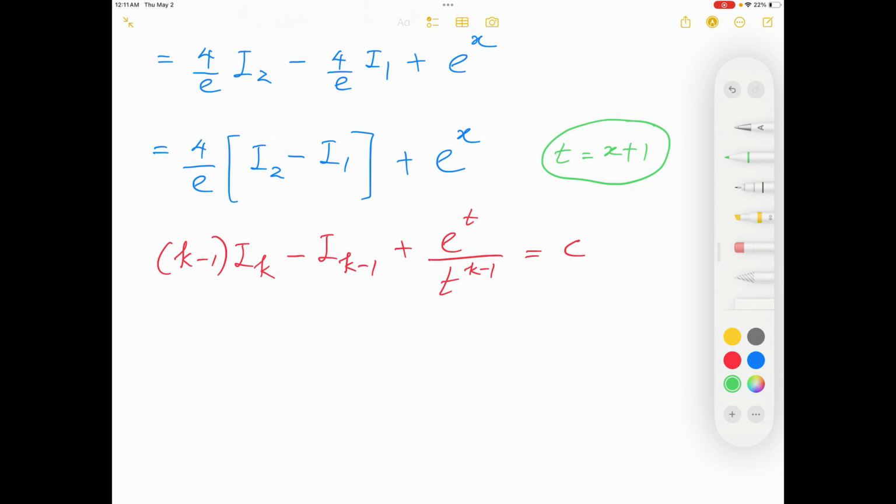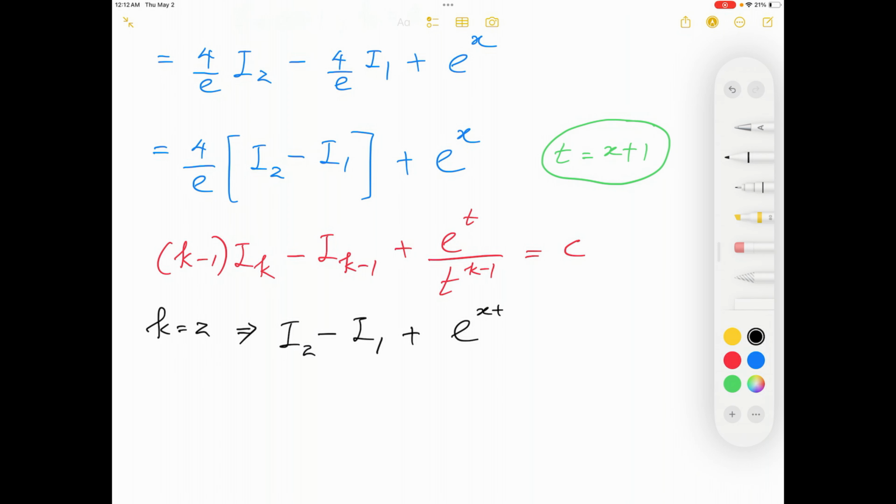Now, if I replace k equals 2 in this equation, I get k minus 1, 2 minus 1, which is equal to 1, times I sub k, with k equal to 2, minus I sub k minus 1. Since k is equal to 2, that's I sub 2 minus 1, which is I sub 1, plus e raised to the t. Remember, t is equal to x plus 1 for this example.